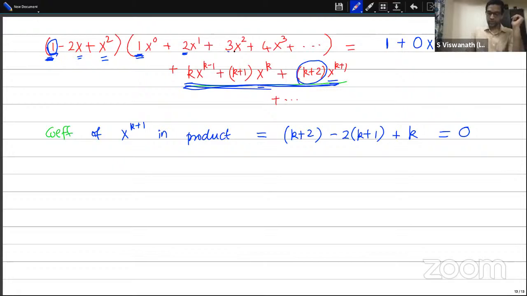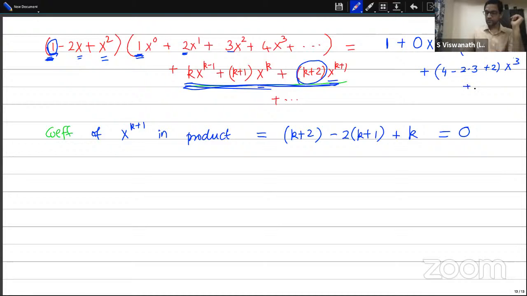So 1 into 3. So this will be 3 minus 4 plus 1 times x squared, and so on. So 3 then will be 4, 4, 3, 2. So those will be two guys. So 4 and then 2 times 3 plus 2, and so on.